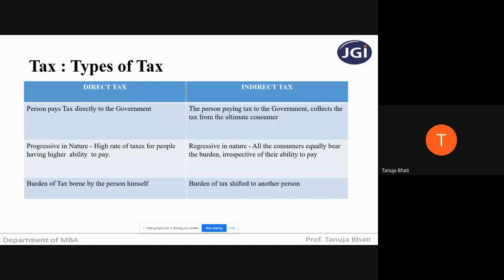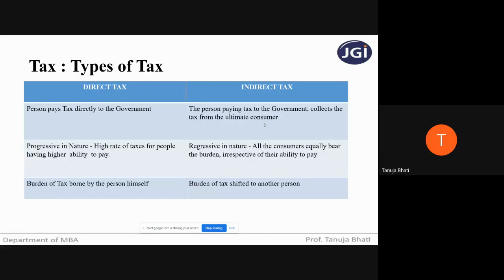So let us see. Direct tax is when a person pays tax directly to the government. There is no middle party in between. And when the person paying tax to the government collects the tax from the ultimate consumer, it is indirect tax. That means when you go to a shop and purchase any product, on that product you pay a tax, that is GST.